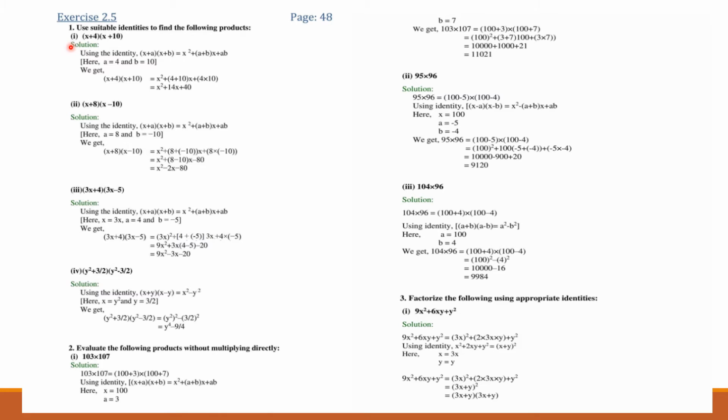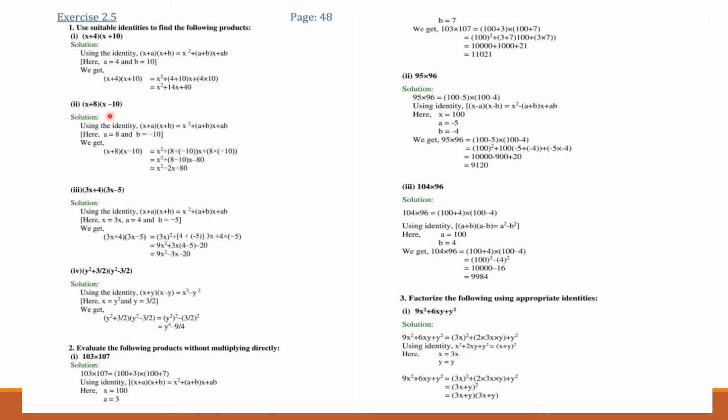This is closely related to x plus a into x plus b, where a is 4 and b is 10. Now let us put all the values in the given identity: instead of x, we put x, instead of a, 4, and instead of b, 10. When we solve, we get an answer.